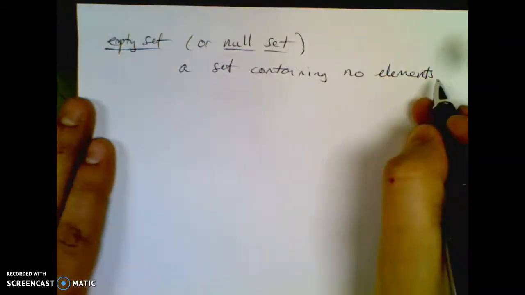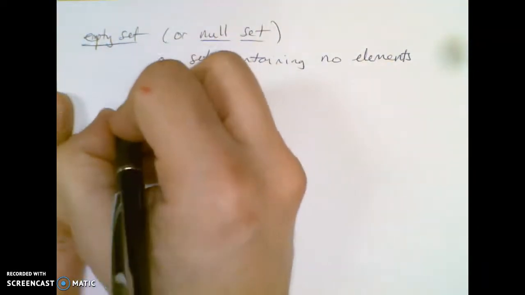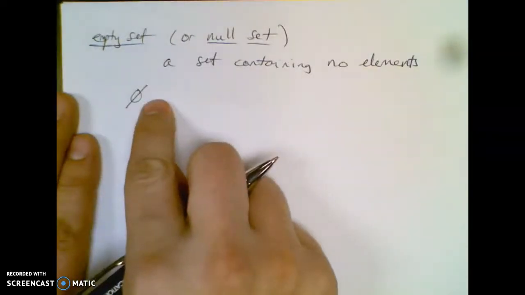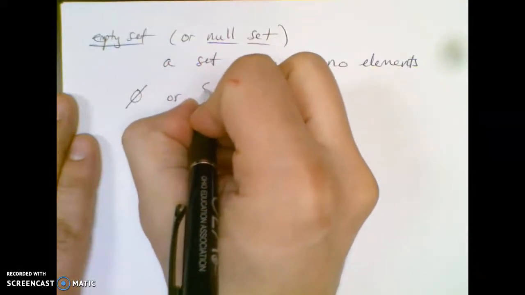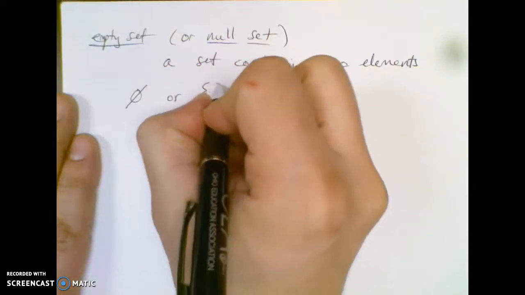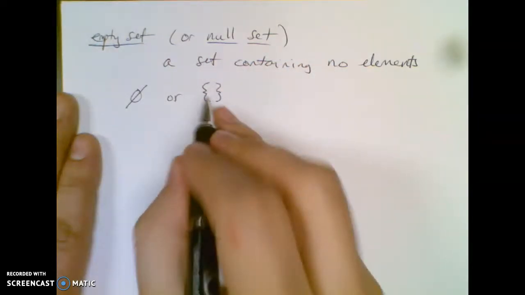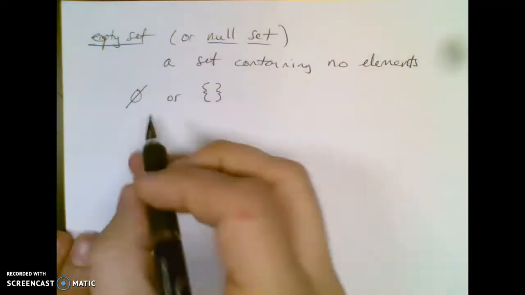You've used the symbol before in math class when you meant to answer no real solutions. You would do this. That's the symbol for empty set. Or if you love drawing sets with the curly braces, which I know you do, you could actually draw a set that is empty with no elements in it.